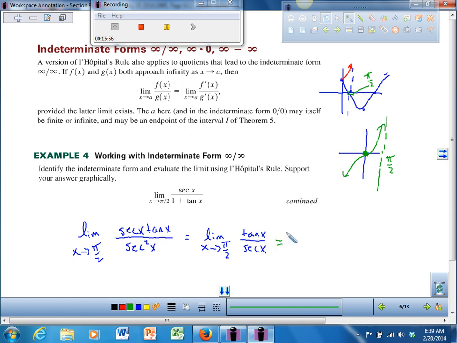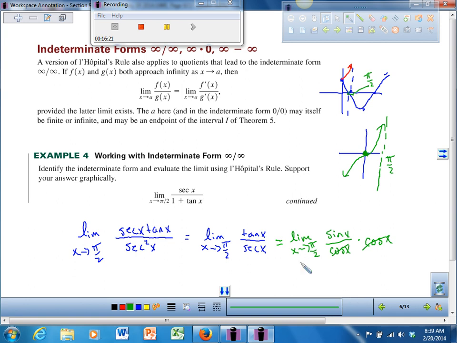So let's see what we have if we change things to sines and cosines. Tangent is sine x over cosine x. Divided by secant would be the same as multiplying by what? Multiplying by cosine. Then we have a nice cancel.